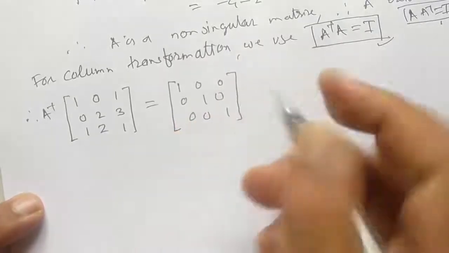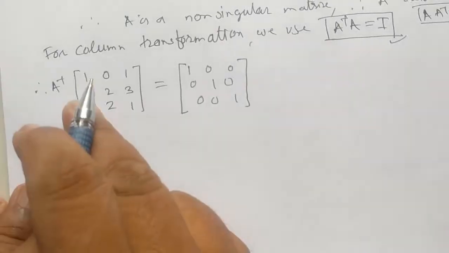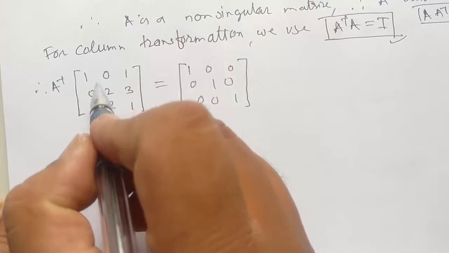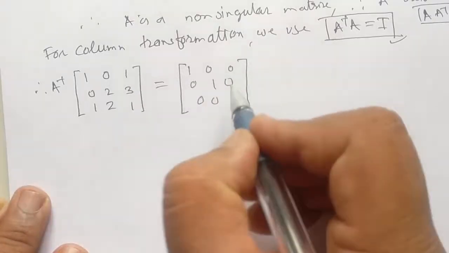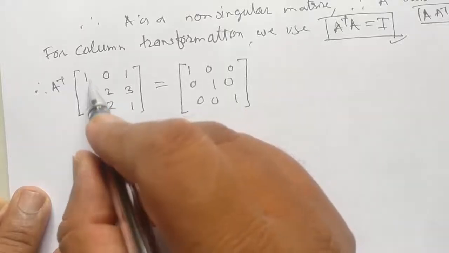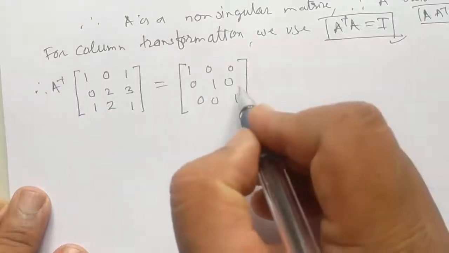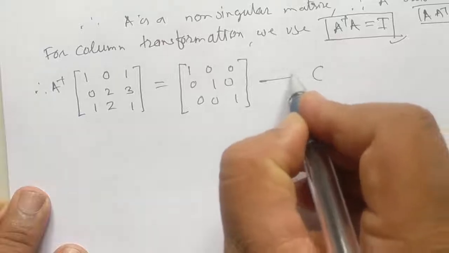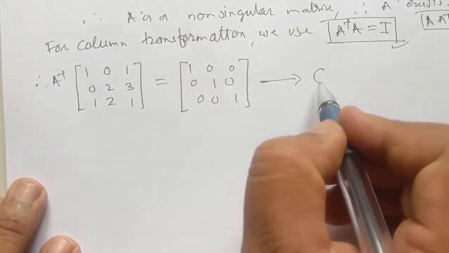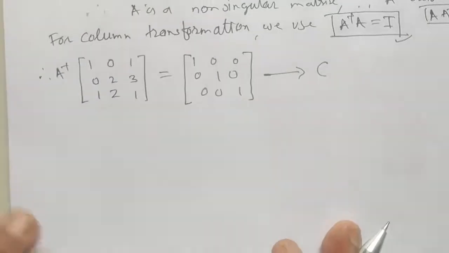Now we apply a series of column transformations on the matrix and reduce this matrix to the identity matrix, and the same operations should be performed simultaneously on the matrix I. This matrix reduces to some other matrix C, and that C gives the inverse of the given matrix.